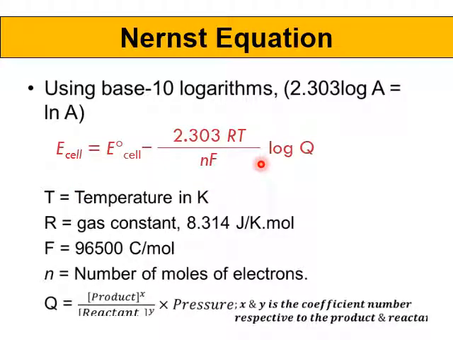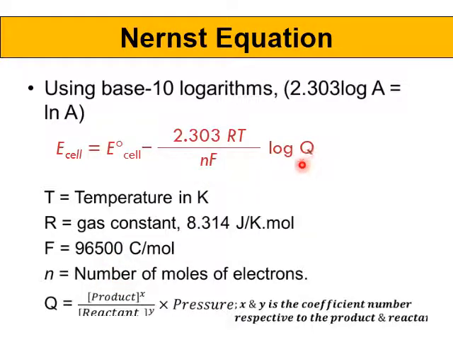You just take the final equation. T is the temperature, R is the gas constant, which is 8.314, and F is 96,500. n is the number of moles of electrons in the equation, when you combine both half equations, how many electrons have been lost or gained.